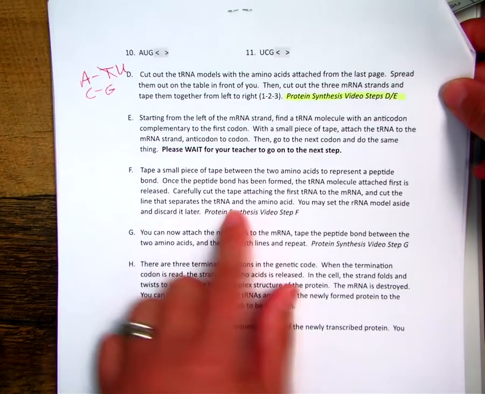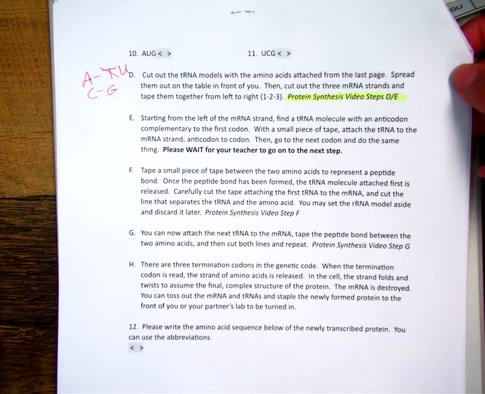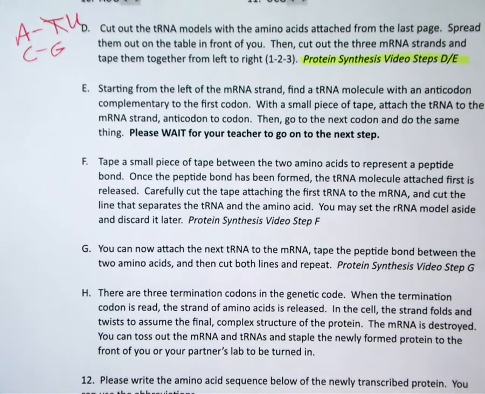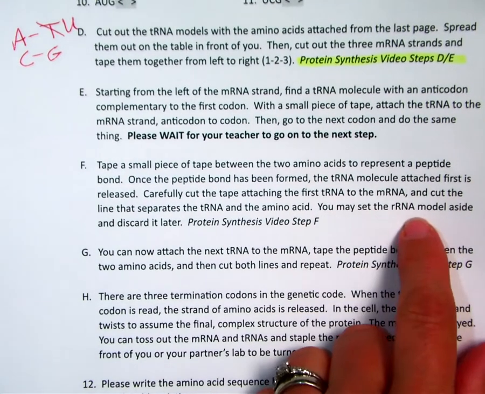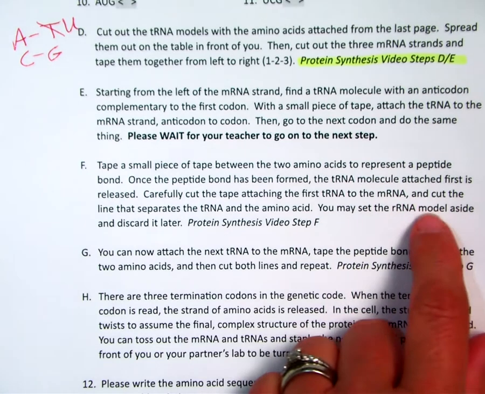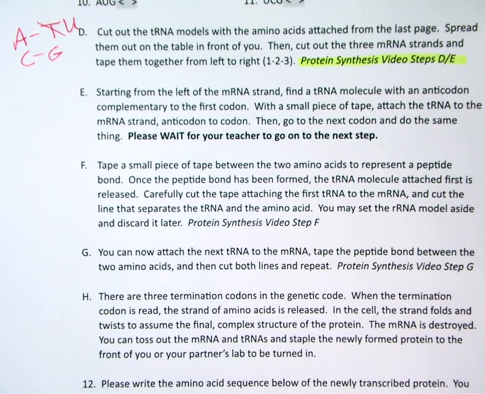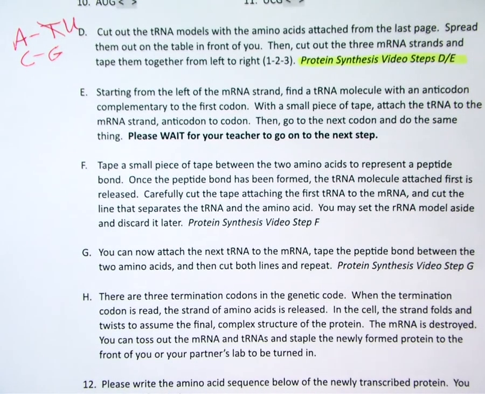And then cut the line that separates the transfer RNA and the amino acid. You may set the transfer RNA molecule aside and discard it later.